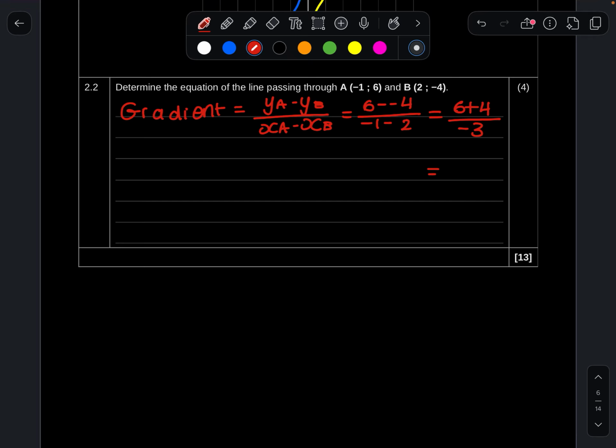And so at the top we're going to have 10 over minus 3. So our gradient, which is not a very nice one, is minus 10 divided by 3. It's negative 3.33.